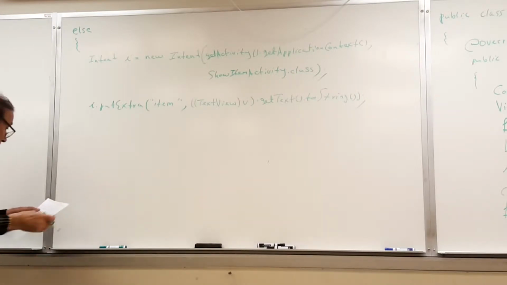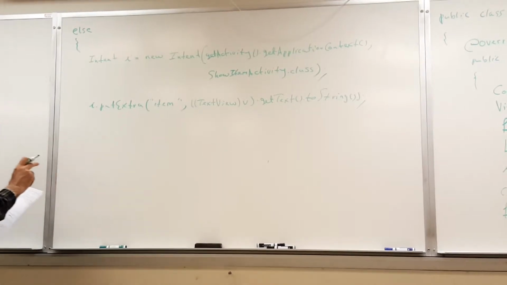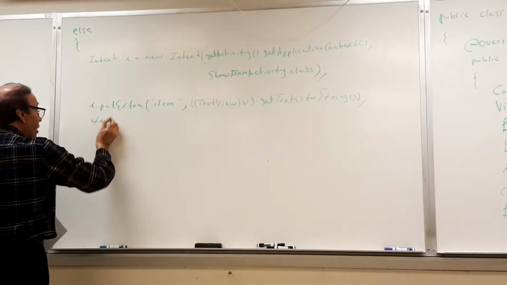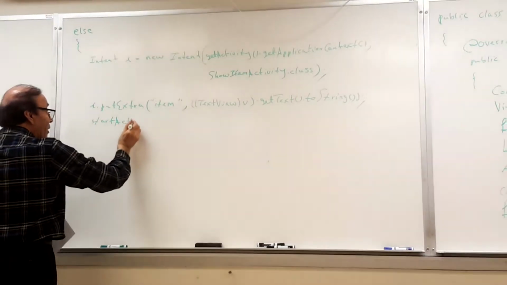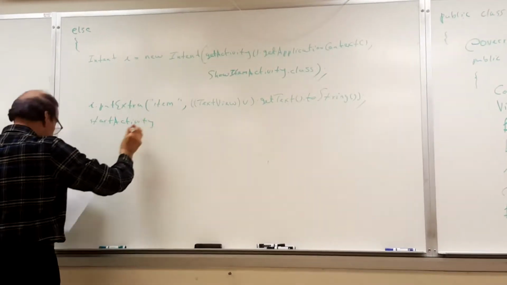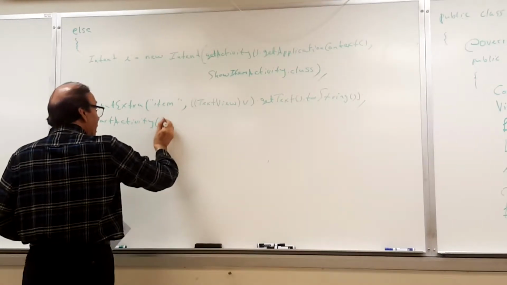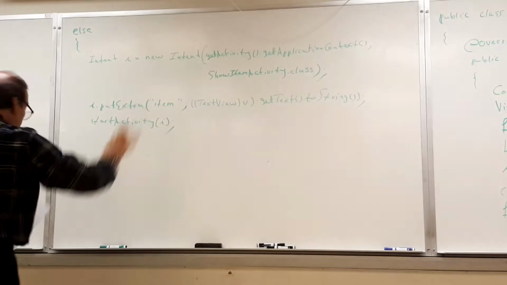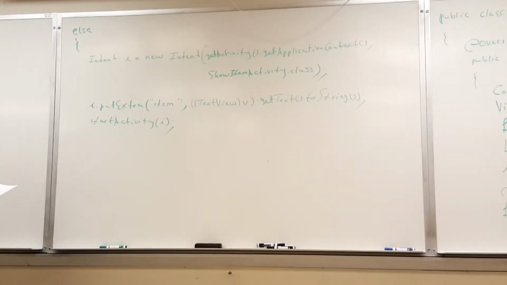Again, the new intent starts, I need to put, what is that? Startactivity. The activity is not started yet, so startActivity. I'll put it down there, not up there. Okay, activity started, and we already sent that over there.